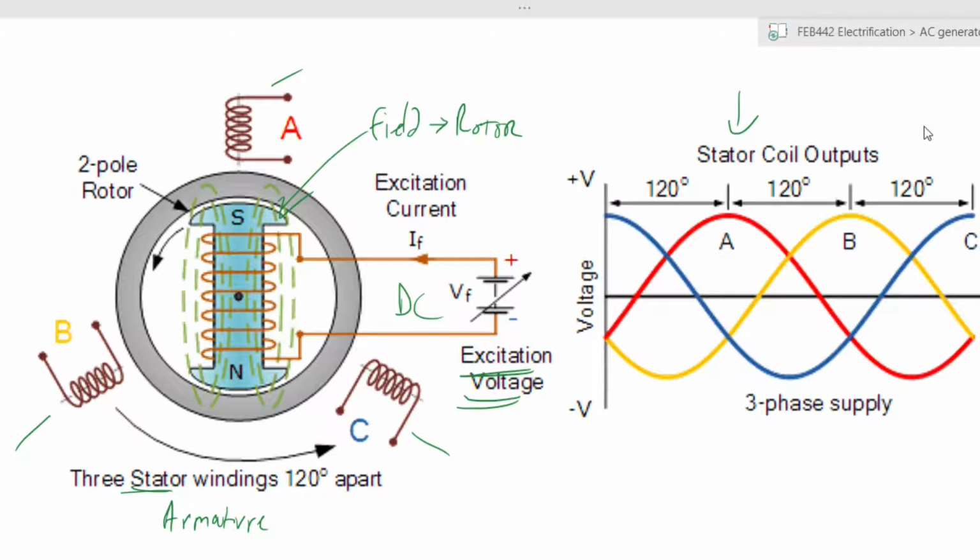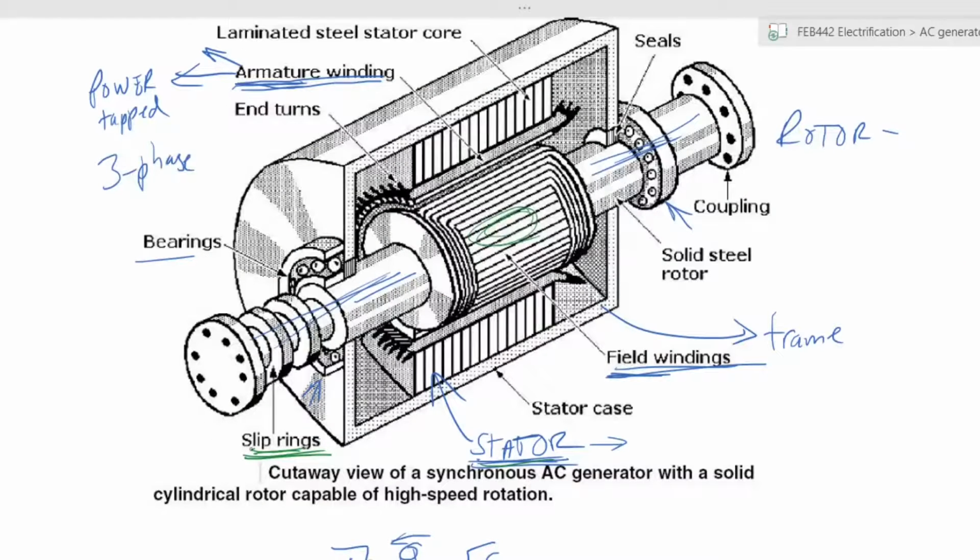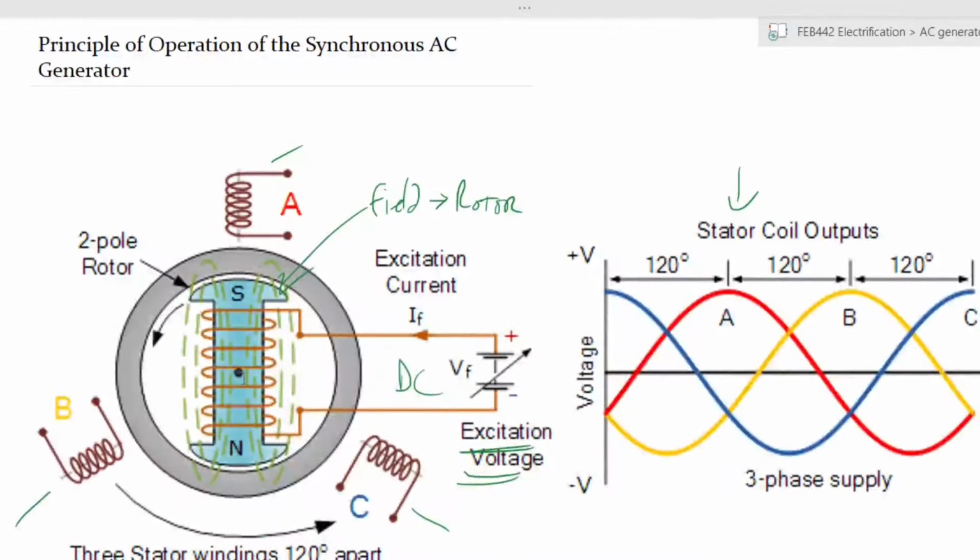If we go back to the construction, you will notice that we had slip rings here. These slip rings are used to connect a DC supply. That DC supply provides a current that, when it passes through a coil inside the field, will then produce magnetism.